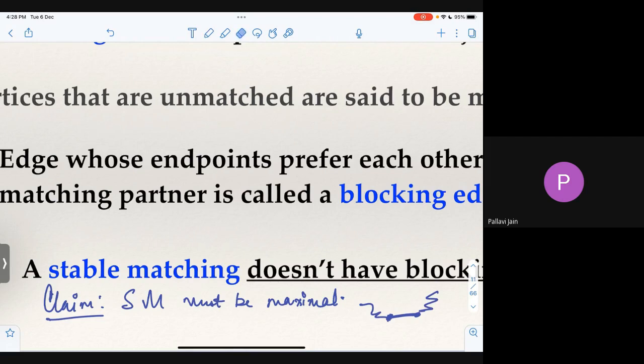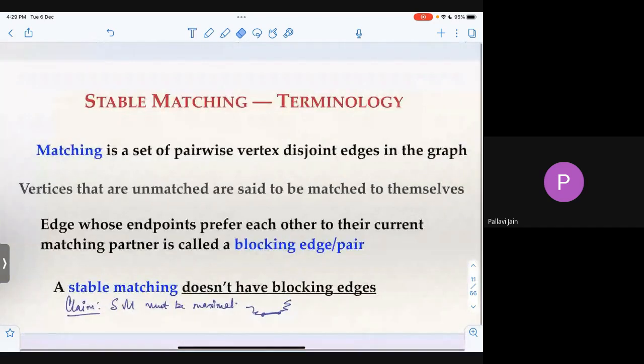So if I have a non-maximal matching, it means there exists an edge whose two endpoints are not part of any matched edges. So then, can this non-maximal matching be stable? No, because that edge itself is going to be a blocking edge. So a stable matching will always be maximal.